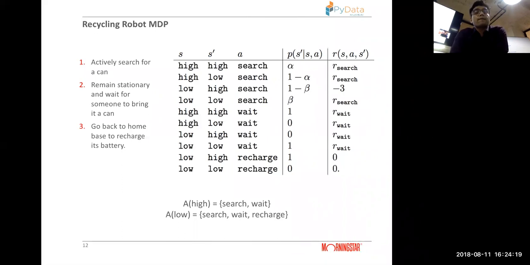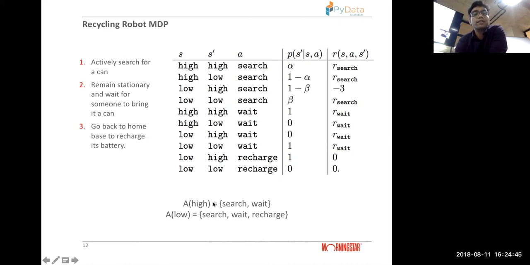Now there are two approaches to this. Either the robot can just sit at one place and let people drop the can into its collection bin, or it can actually move and lose some battery but collect more cans. They have defined a high battery state and a low battery state.